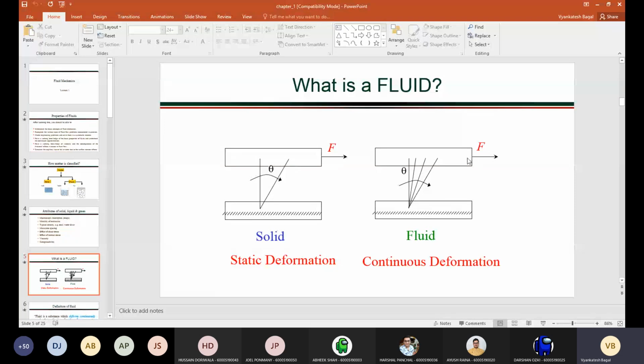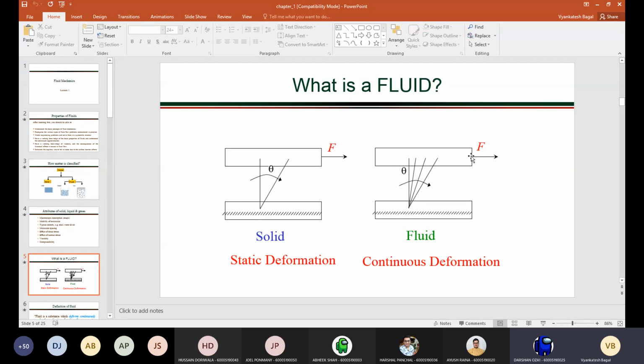So what will happen if you apply force at this end? Forget about the static deformation in solid mechanics now. Talk about fluid. What will happen? See, we have a fixed plate at the bottom and a plate which is moving at the top.